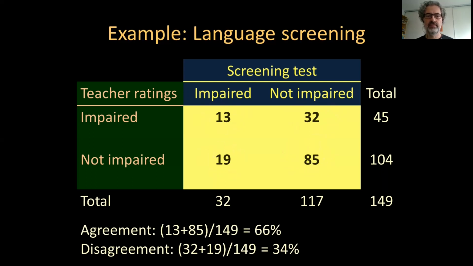So the total agreement is the sum of these two numbers divided by the grand total. So 13 plus 85 divided over 149 is 66%. Teachers' ratings and the results of the clinical evaluation agreed for 2/3 of the children.